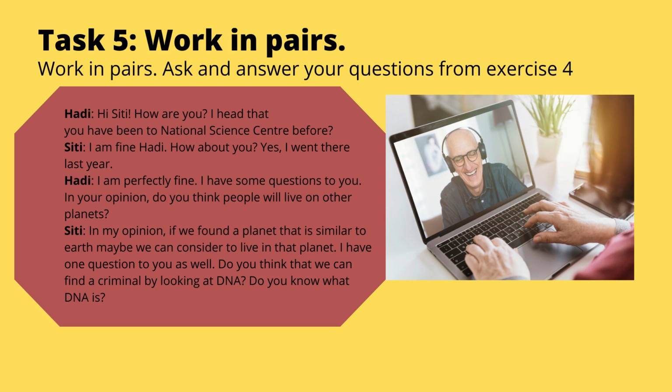During this pair work, I want you and your partner to discuss the possible questions and also the answers. Let's say if you want to find more information about the answer, you may find it on the internet.